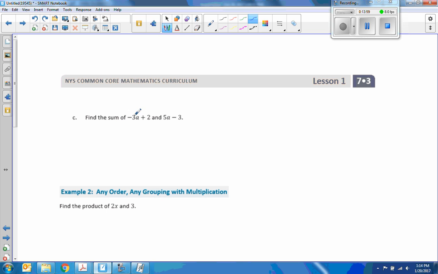C. Find the sum of negative 3a plus 2 and 5a minus 3.